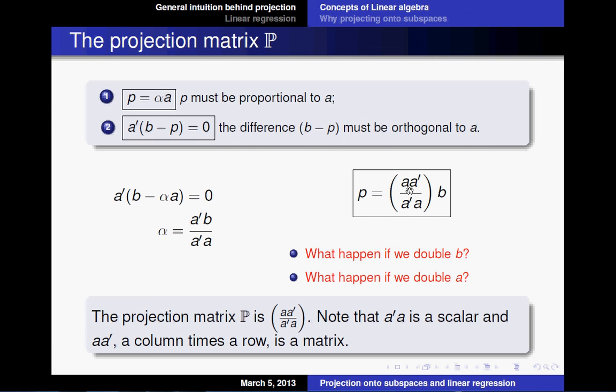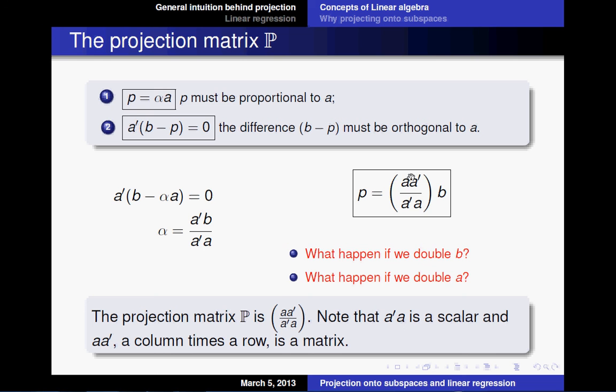But if we double A, nothing at all happens, because what we are interested in is not the vector A, but the line through A. We are not projecting B onto a vector, but onto a line generated by A. A is a basis for this space.